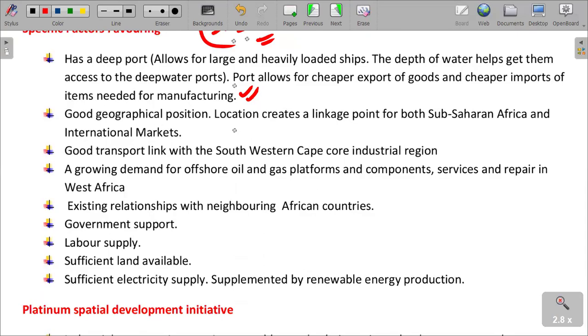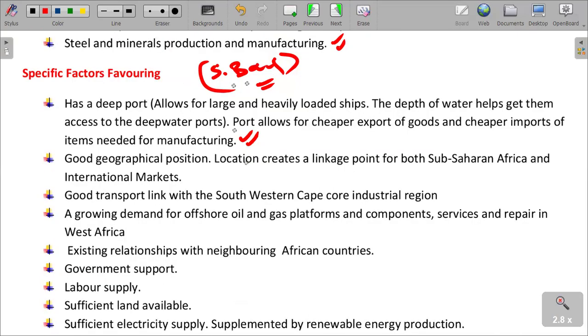So, good geographical position. The location creates a linkage point for both sub-Saharan Africa and international markets. The factors favoring the Saldanha Bay establishment: it is the geographical position which creates a good linkage point for sub-Saharan Africa and international markets.